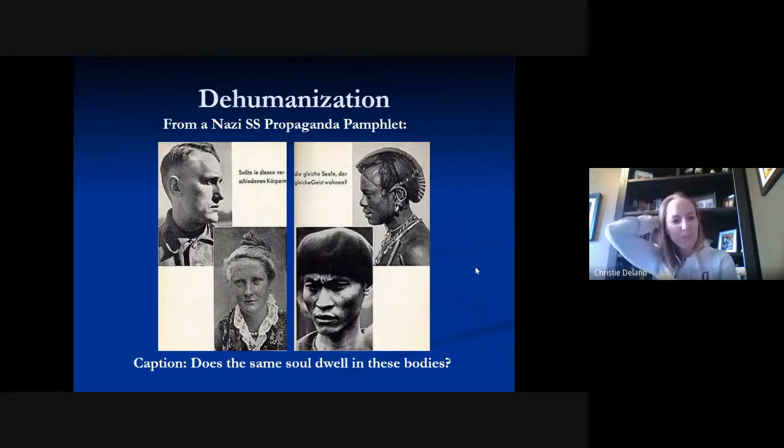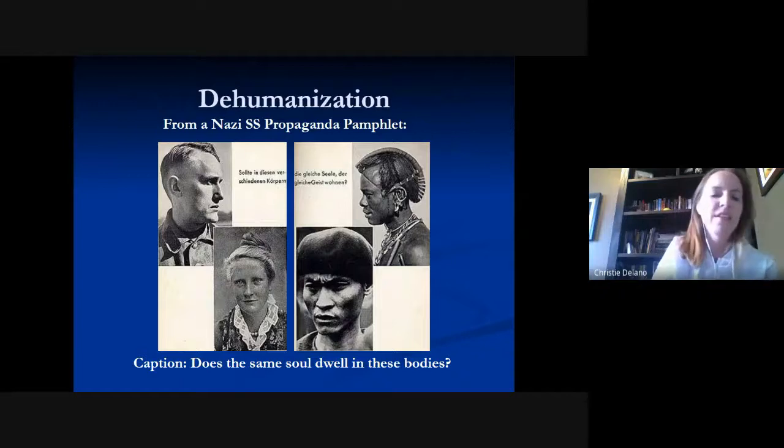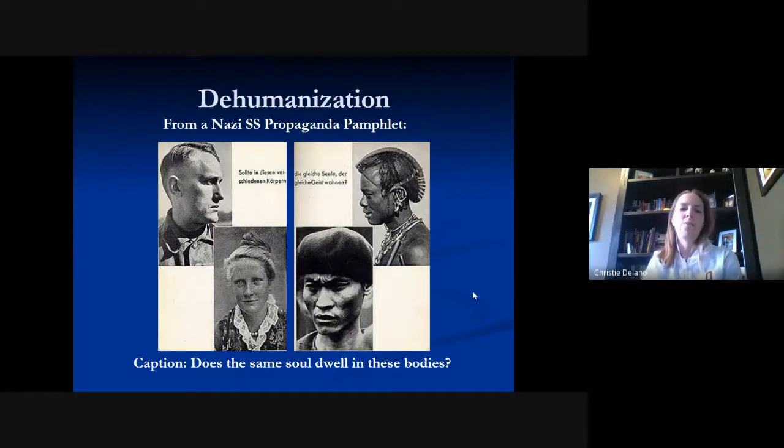So propaganda plays a huge role, and we're going to be looking at propaganda kind of down the road as well, right? Looking at what's deemed as kind of the perfect Aryan in comparison to others.